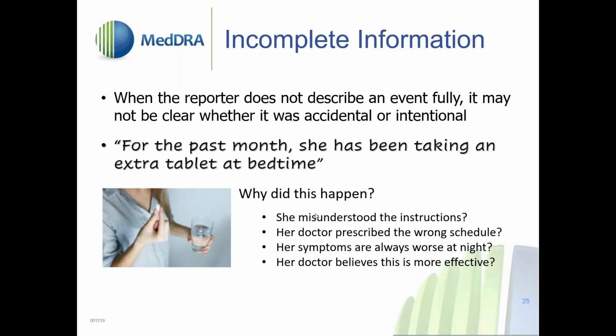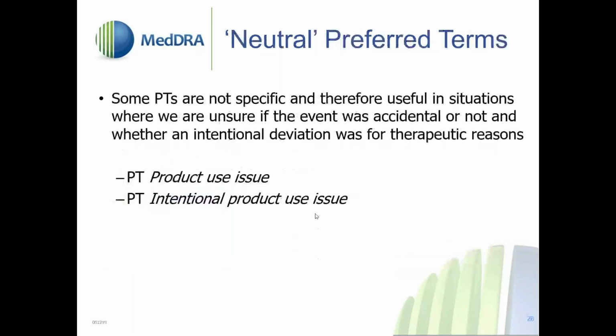So what can be done when getting similar reports for coding purposes and when no further information can be obtained? Now, for coding such scenarios, MedDRA contains very vague, non-specific PTs. If it is not clear whether such an event happened by mistake or intentionally, a suitable LLT under the PT product use issue can be used, a very general term.